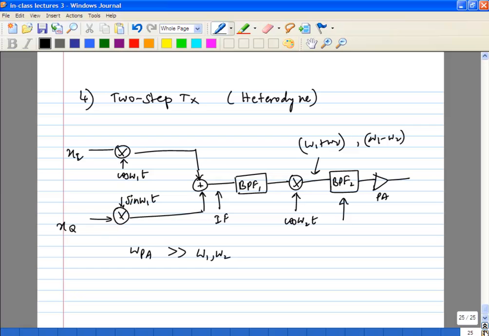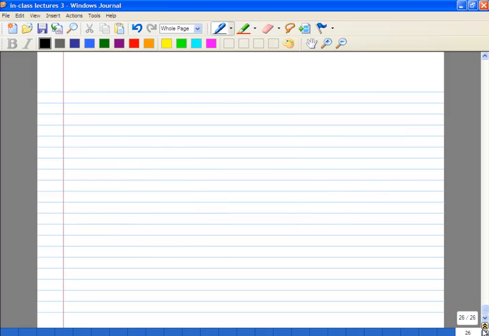Okay, so the last thing you need to know about transmitters are unwanted emissions. Okay. So what happens is, you are trying to transmit a particular signal. The problem is, since your transmitter is non-ideal, you are always going to transmit something outside the band of interest.